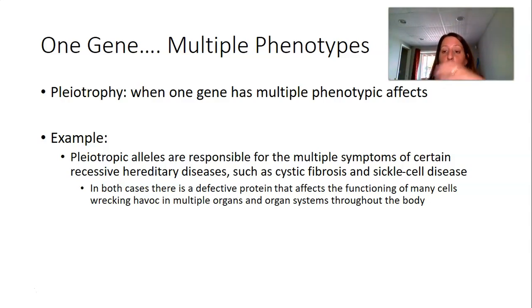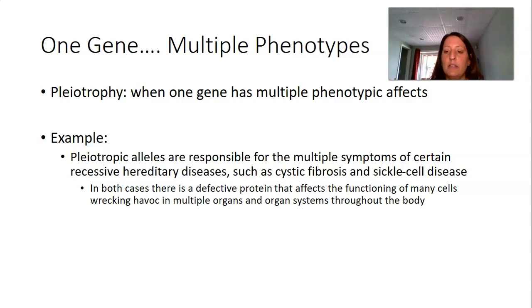Okay, so remember, form equals function when we're talking about proteins. And since the beta chain doesn't fold properly, it doesn't have the right shape, and therefore it can't bind to oxygen very well. And actually, the hemoglobin molecules tend to stick together and form these chains, which gives red blood cells a crescent shape instead of being nice and concave and kind of circular.